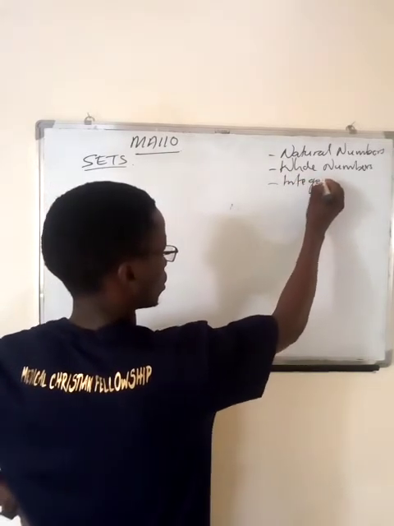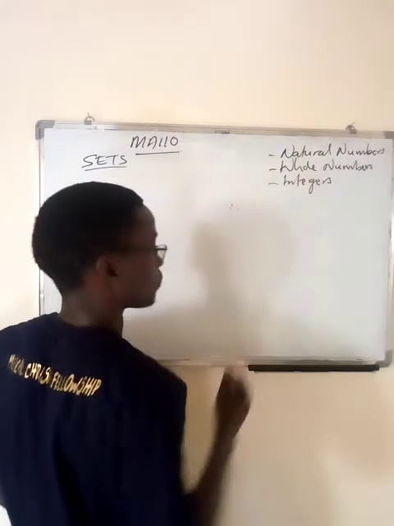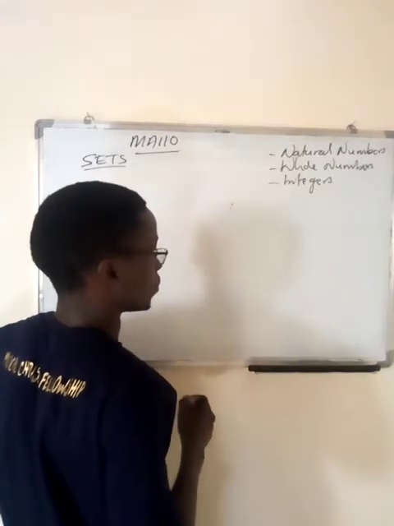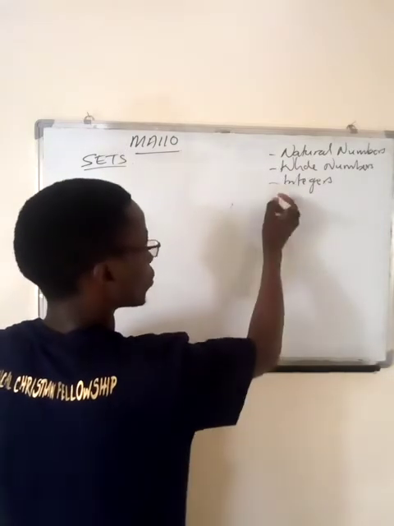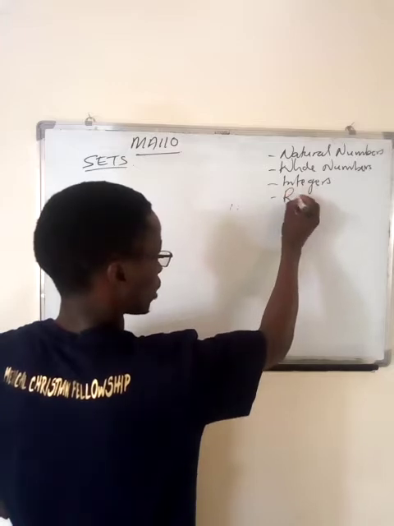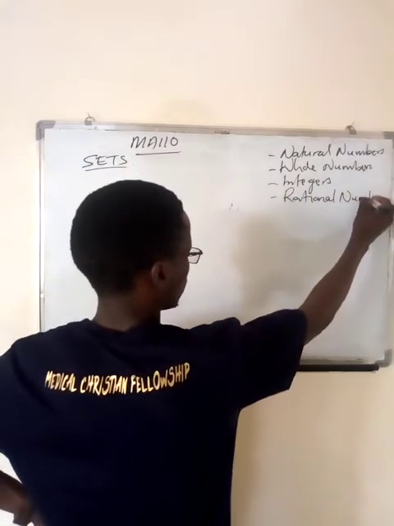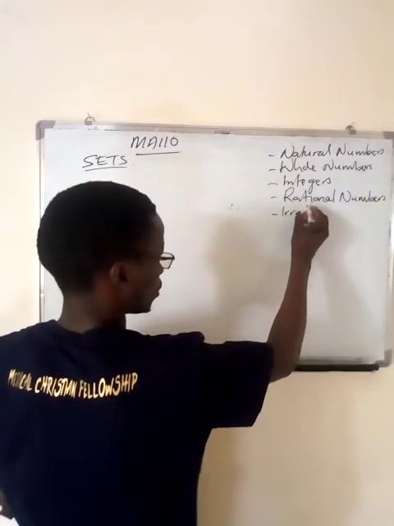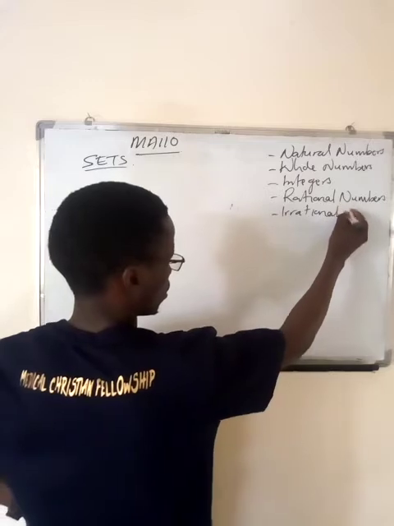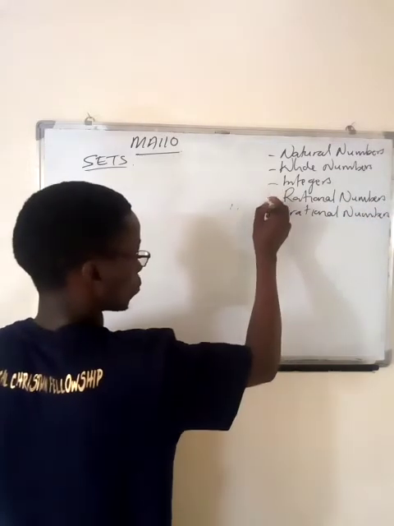Now, we basically just defined them and tried to list a few of them. But where there was much story was on rational numbers. Then after that, we looked at irrational numbers. So this is where much of our story started from.